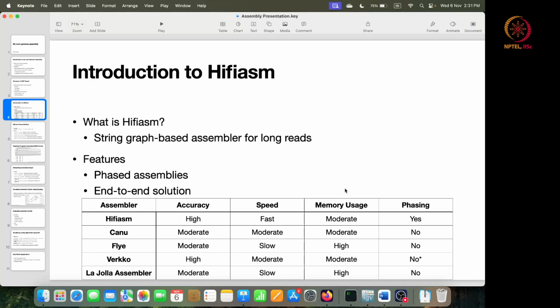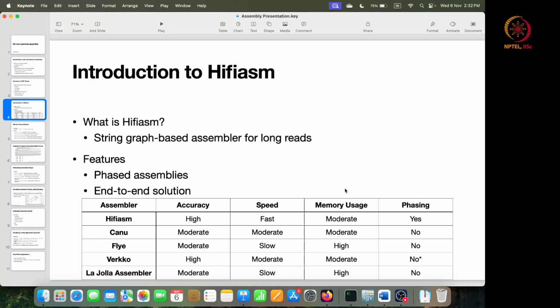It is capable of generating phased assemblies, that is to say, if you provide sequencing data of a diploid organism, that is to say an organism which has two parents, or more precisely 2 copies of each chromosome in its nucleus, then hifiasm is able to produce phased assemblies, that is to say it is capable of producing 2 sets of contigs which are guaranteed to be part of the same set of chromosomes.